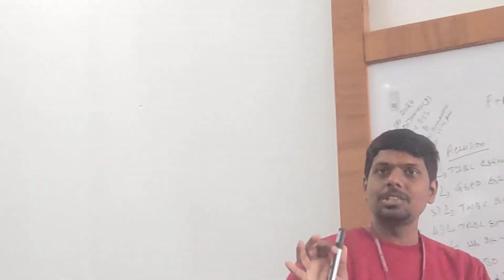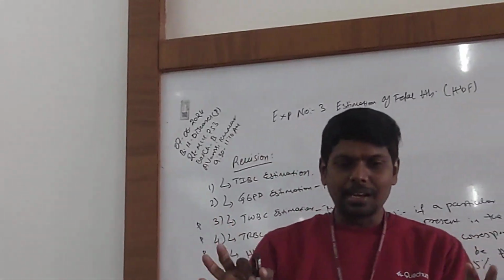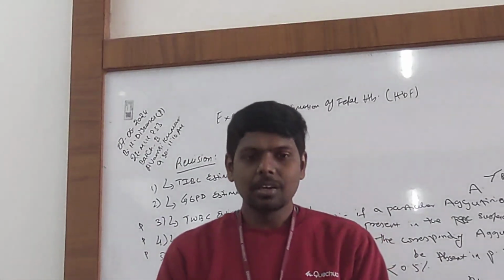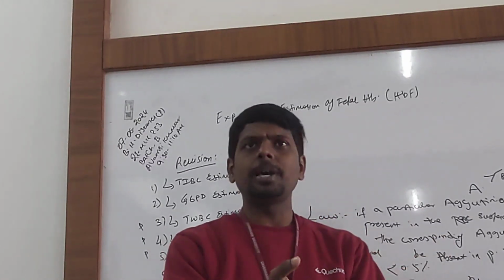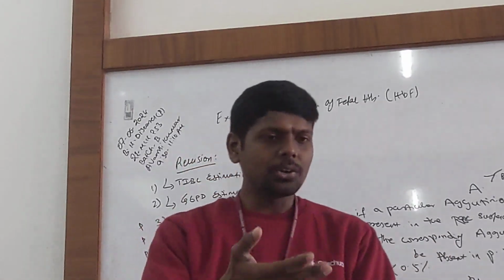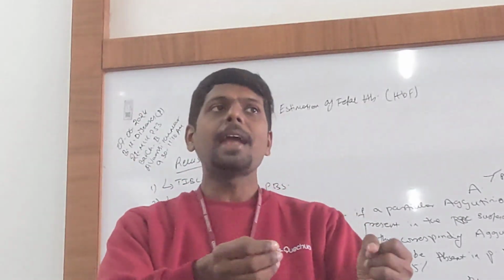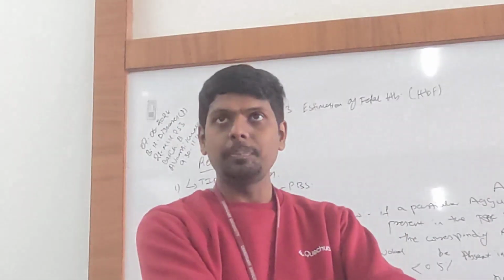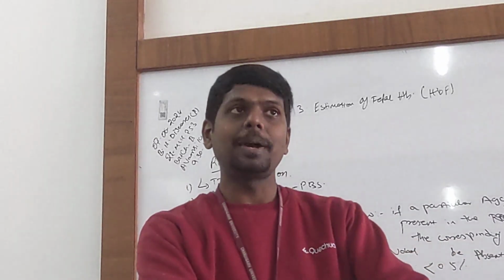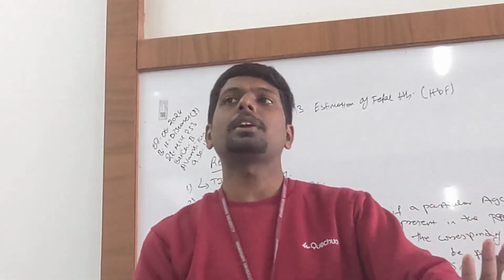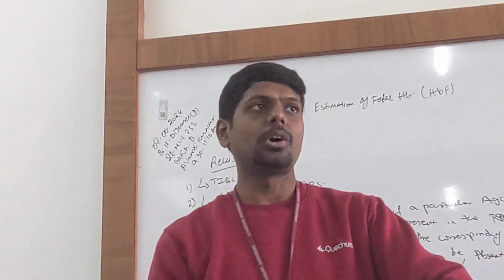See, I will tell one reason, students. In the real world, what happens is we get an unknown pregnant woman. We are doing surgery and we need to give her some blood. I haven't done cross matching. I did grouping and came to know she is O negative.